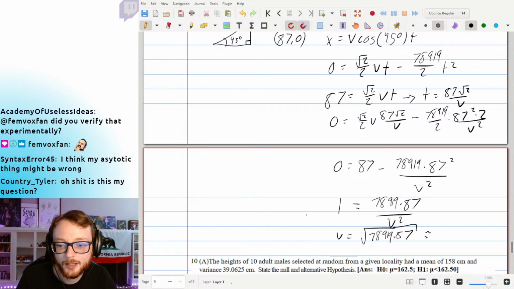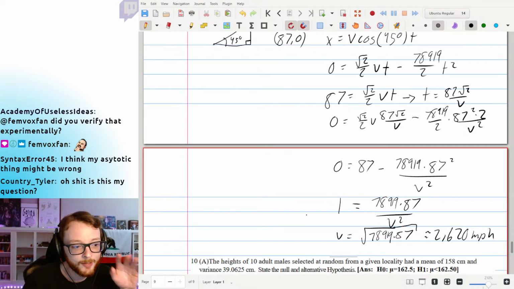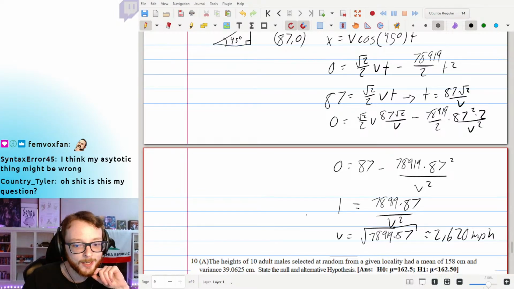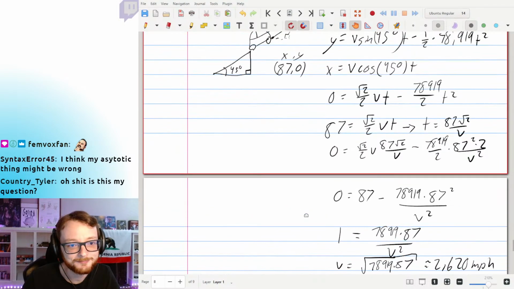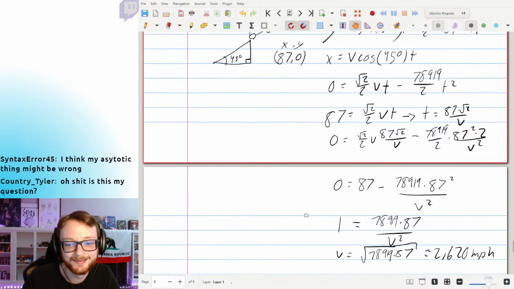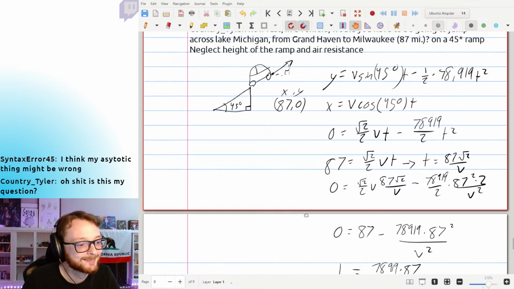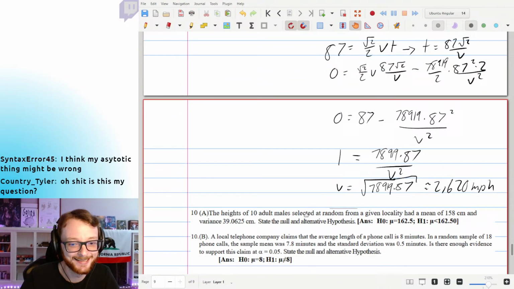It's about 2,620 miles per hour. And we did check the escape velocity for Earth is like 25,000 miles per hour. So we're still good. We're not flying off into space. You do that on your hobby. I bet.